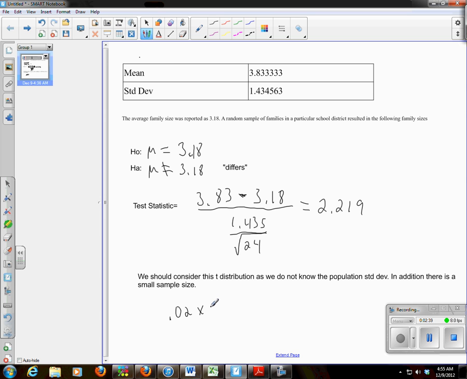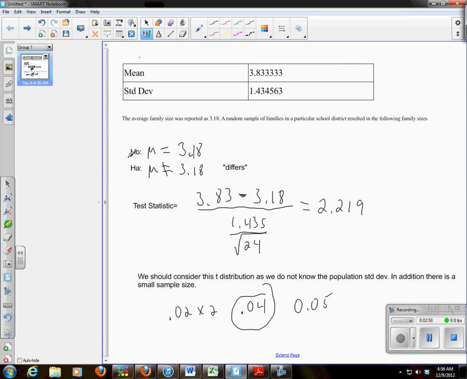So that tells me my p-value is no more than 0.04, and actually we know it's less than that because that test statistic was further away. So we can compare this to our level of significance of 0.05, and it certainly is less than 0.05.